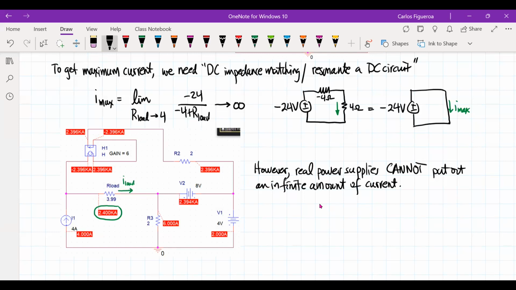So in this situation, they max out at their maximum value. So whatever that is.